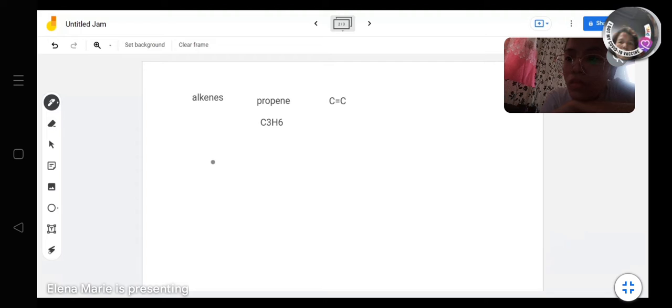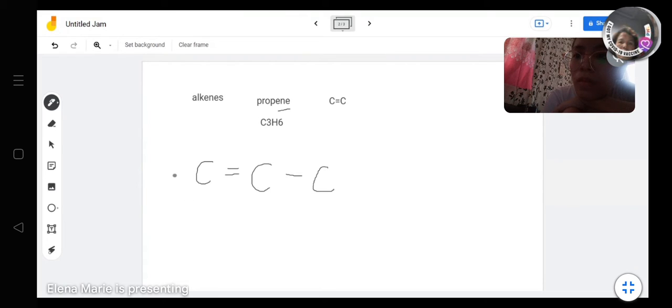You have 3 carbons. Since it is propene, there is what you call a double bond, either here or here. In this case, let's put the double bond here, and the other one is a single bond.